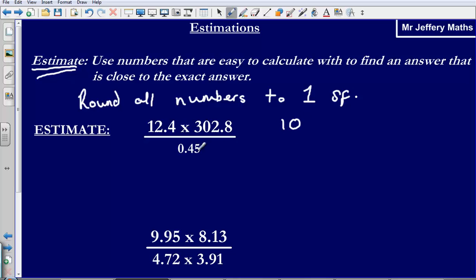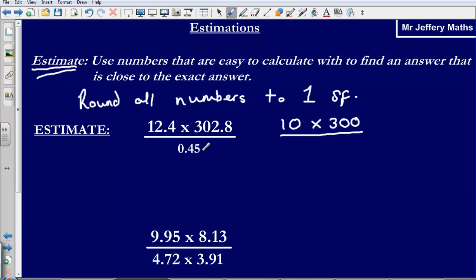Then I'm multiplying that by 302.8. Well, I don't want to multiply it by 302.8 because I'm going to round it to one significant figure. So 302.8 I'm just going to write as 300. And then I'm dividing that by, well, not 0.45 because I want it to one significant figure.